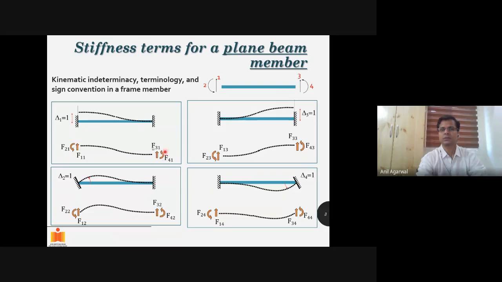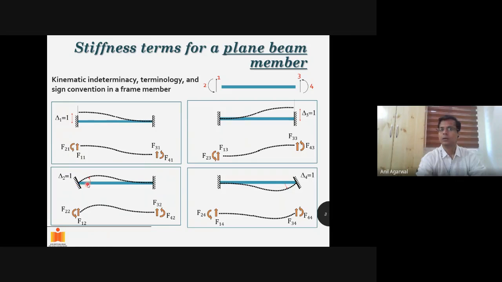Likewise, there will be 4 such force values, and if you apply these 4 forces, you will get unit displacement in 1. In other words, if you want a unit displacement in 1 and no other displacement in any other degree of freedom, you have to apply these forces. It's vice versa. Either you apply these forces to get this displacement, or you apply this displacement and you will get these forces.